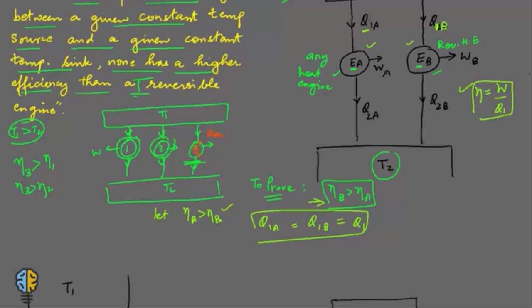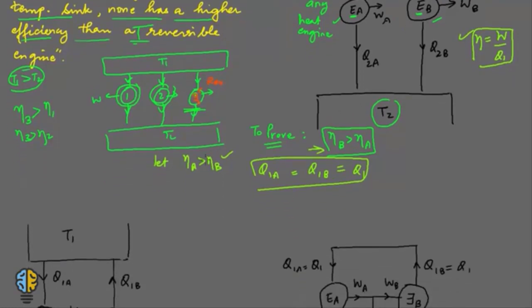By applying this concept, I can say that WA, that is the work output of engine A, upon Q1A is greater than WB upon Q1B. Now we have just assumed that Q1A is equal to Q1B. Okay, so they can be cancelled off. So this gives us a relation which is WA is higher than WB.